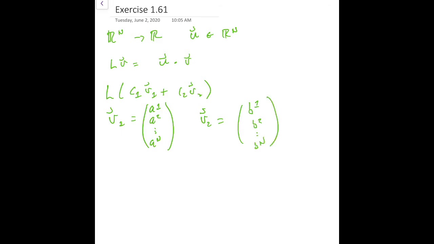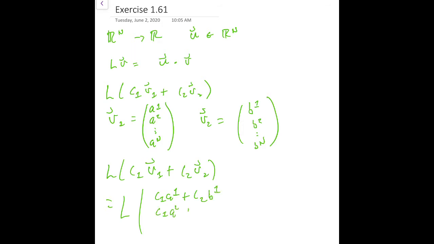Okay, so L applied to C1 V1 plus C2 V2 is equal to L applied to the vector C1 A1 plus C2 B1, C1 A2 plus C2 B2, down to C1 An plus C2 Bn.